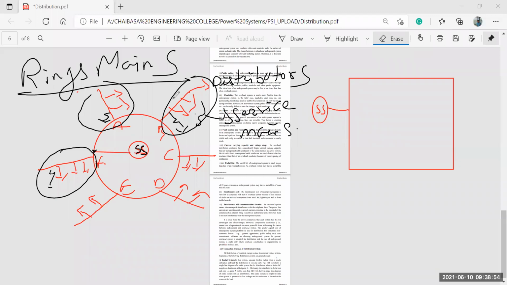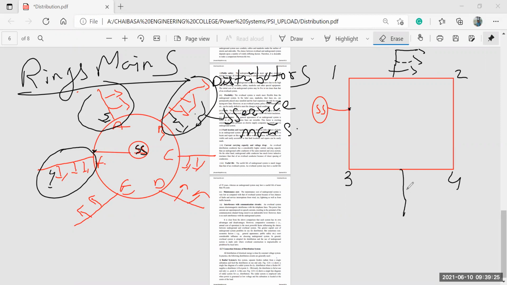Generally, if we see it in more detail, we have given this ring format because it started from this end and this end. If we go into detail in this particular segment, we name these 1, 2, 3, 4, and from here they would be taking out the distributing parts.